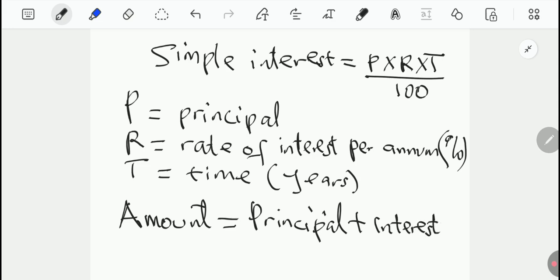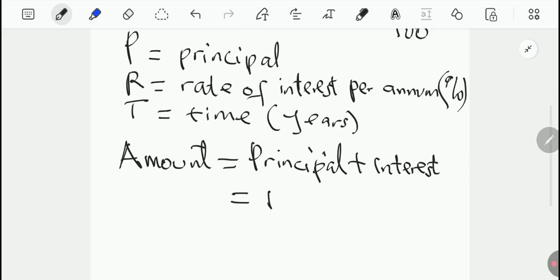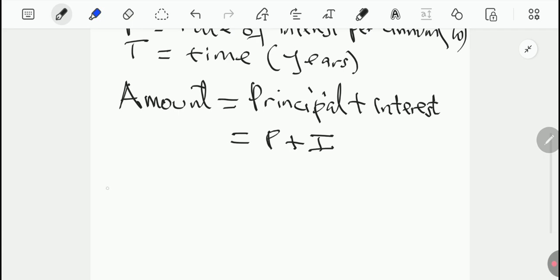That's the amount you have to pay back. This is principal plus interest. In simple terms, it is P plus interest. That's the total amount you will pay back after you have used the money when you have gotten a loan.